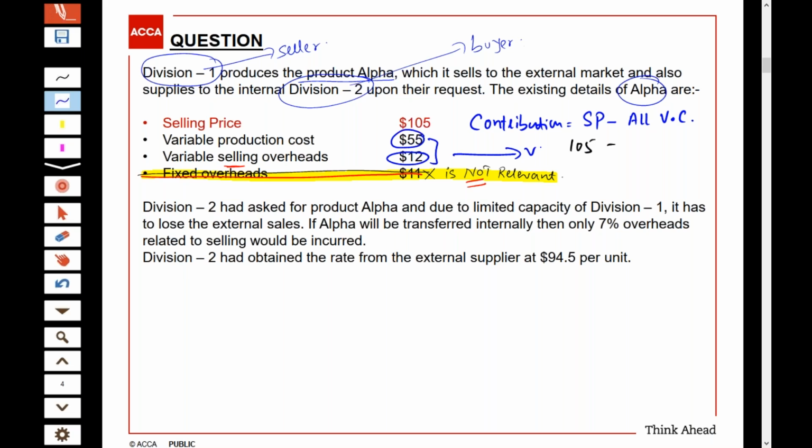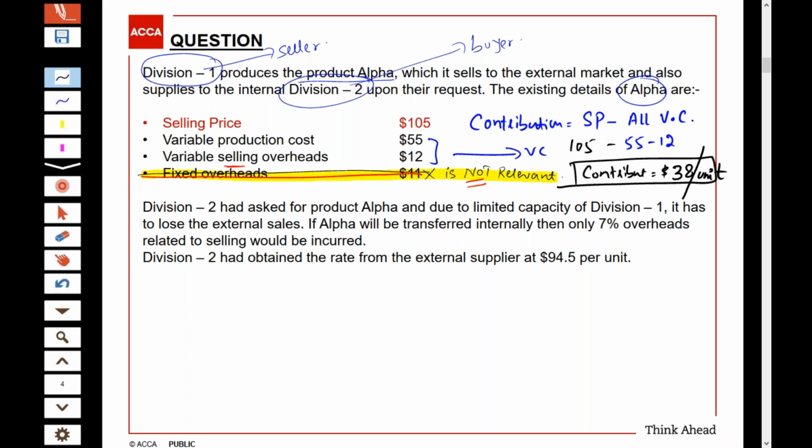This is the variable cost. So what is the contribution? The contribution is 105 minus 55 minus 12. It is $38 per unit.